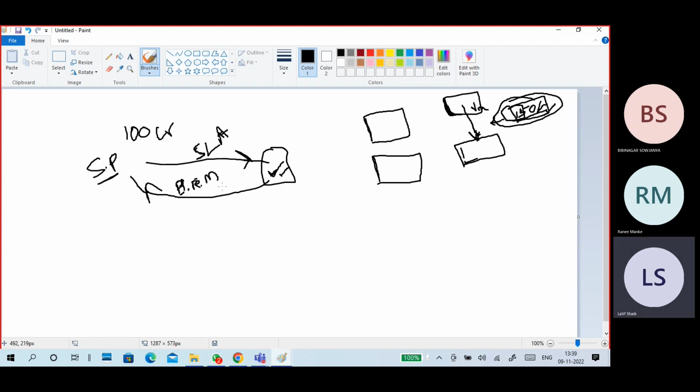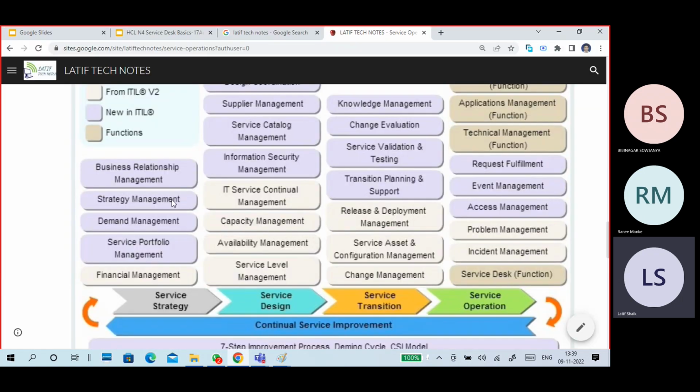That is what I am trying to say. BRM, business relationship management, will try to keep the customer and customer satisfaction, and give certain offers when the customer is unsatisfied with your service or you have violated SLAs, SLM kind of stuff. Service portfolio management.